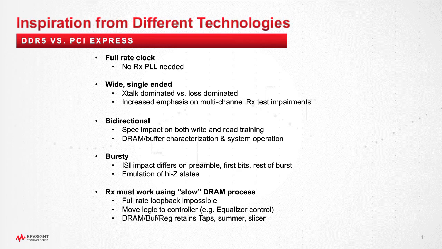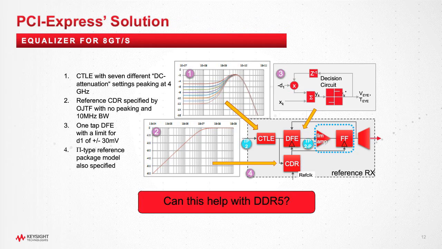So concepts like an 8 or a 16-channel data burst, while they're being addressed in some of the newer standards like M5, are really quite a change for things like PCI-Express. And then finally, all of this has to work using a slow DRAM process. So again, this solution, which has been proven to work for PCI-Express, for instance, to move data up to 8 gigatransfers per second, really needs to be adapted to the realities of DDR.